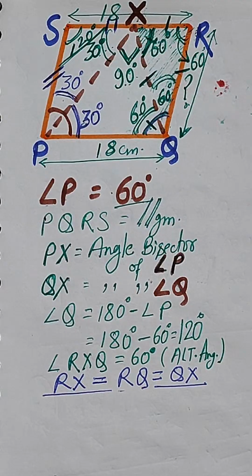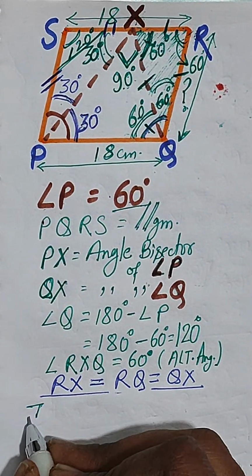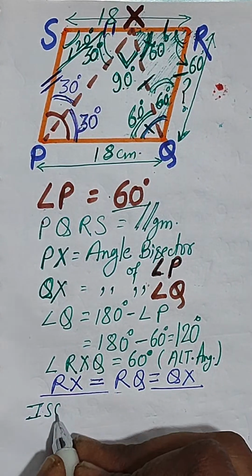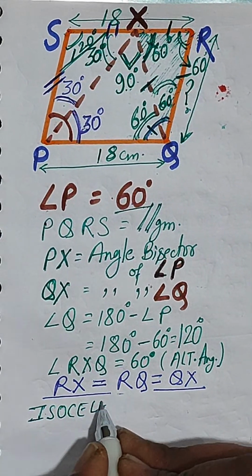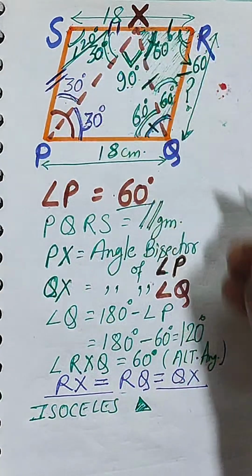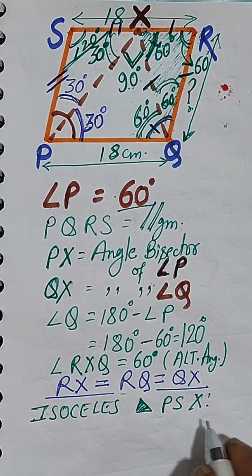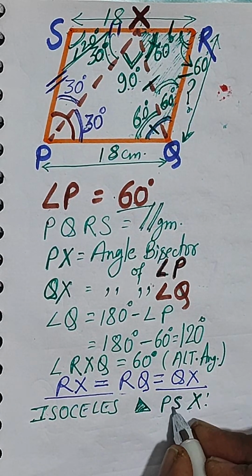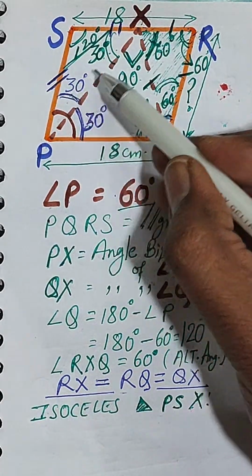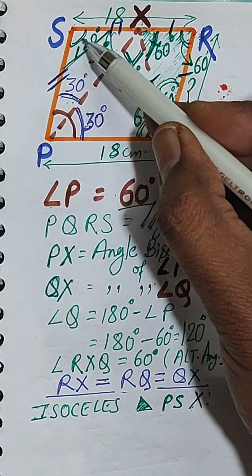So PS, isosceles triangle PSX. This is an isosceles triangle because two of its angles are equal, 30 and 30. Then we can say that PS is equal to SX.